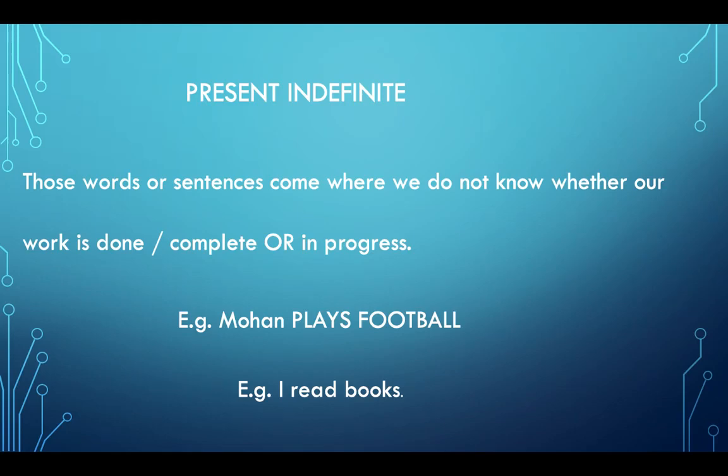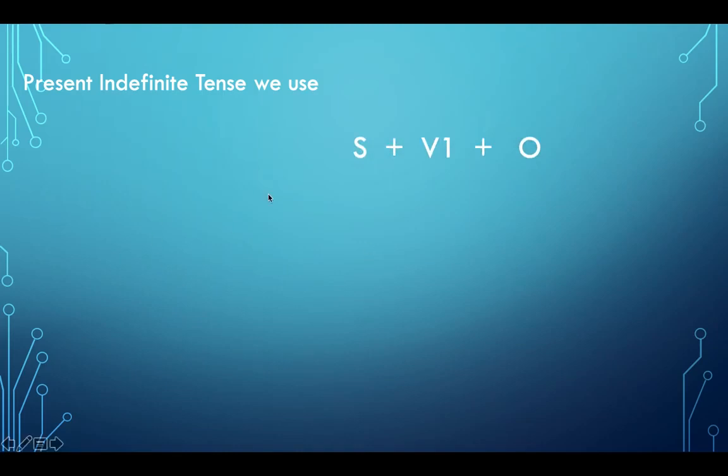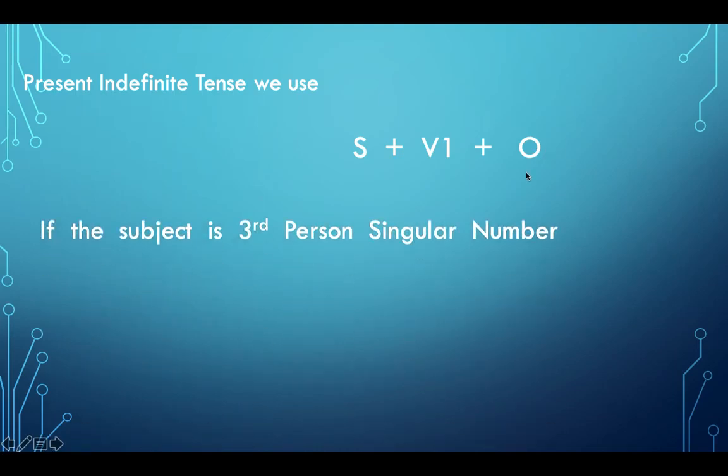Now let's look at the formula. It goes, present indefinite tense we use. What is the formula for it? Subject plus verb first form plus object. But there is an exception also.